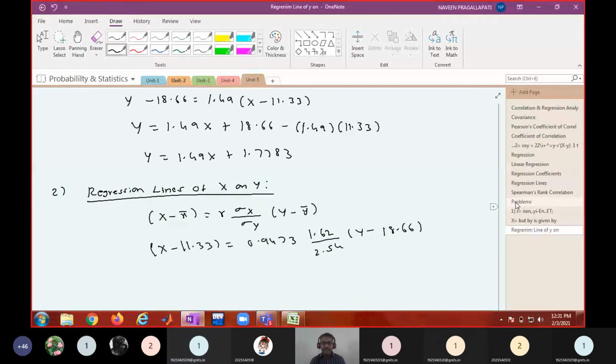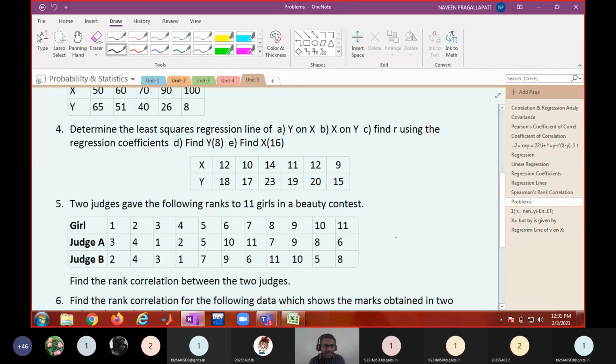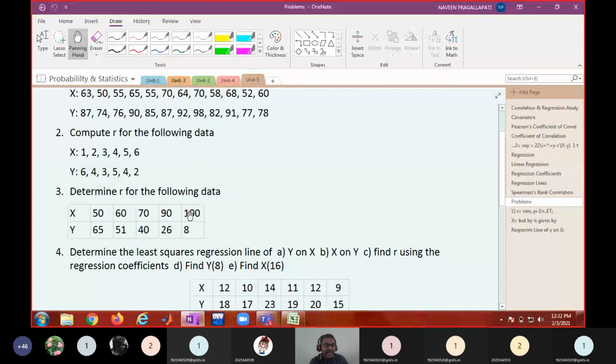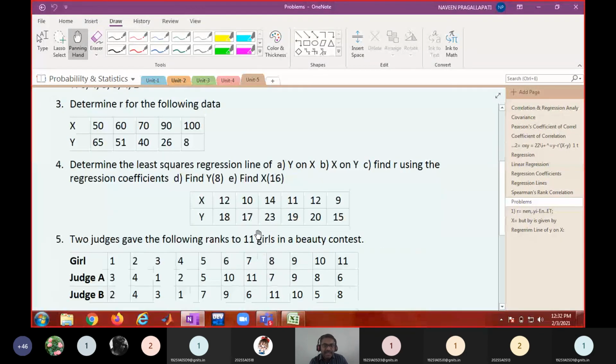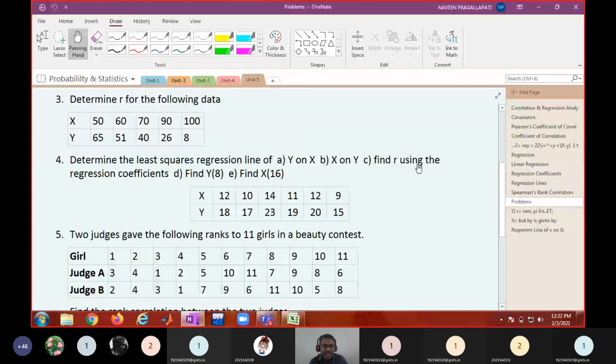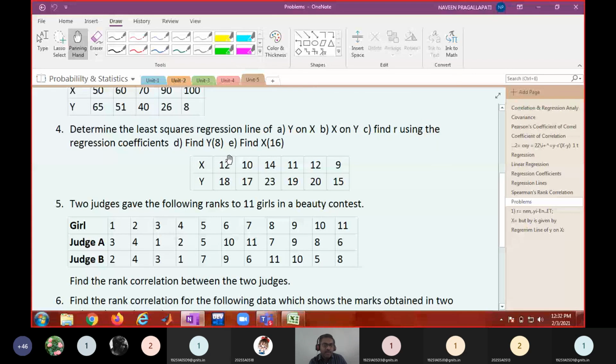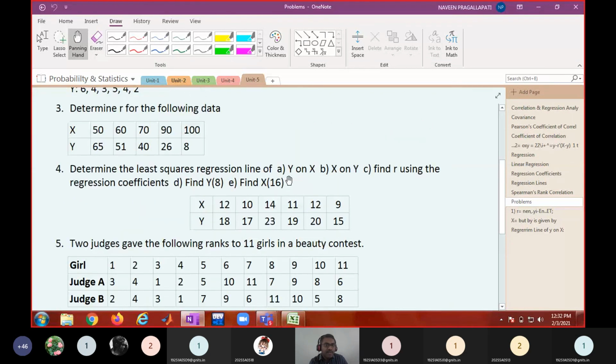You can simplify and you will get the regression line of x on y also. So we have computed the correlation coefficient in different ways, by the direct formula and through the lines of regression. We also computed the lines of regression and identified the regression coefficients. Using the regression coefficients, we computed r also, and we explored the values of y and x using regression lines.